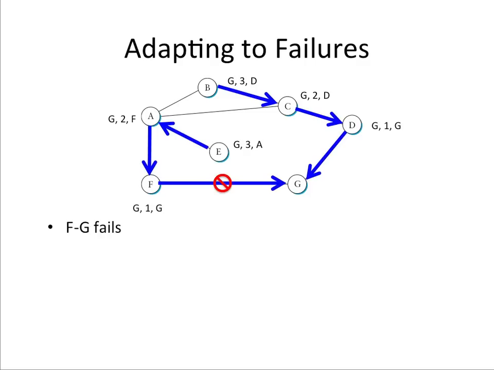So how should a routing protocol respond to this? Remember, our routing protocol does not take into account this link is up, this link is down. It captures all of that information using just one number, cost, right? So what should we do? Yeah, so we can say infinity or a very large number, right?